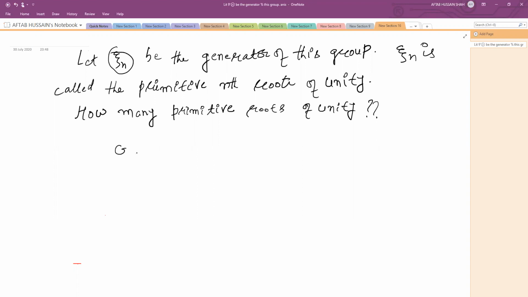Suppose G is a cyclic group generated by A, and the order of G is n. How would the other generators of G look? They would be of the form A raised to power k, where 1 is less than or equal to k less than n and k is relatively prime to n.